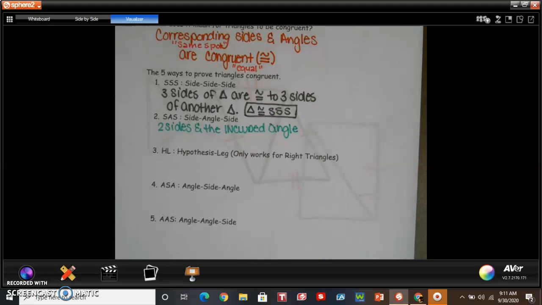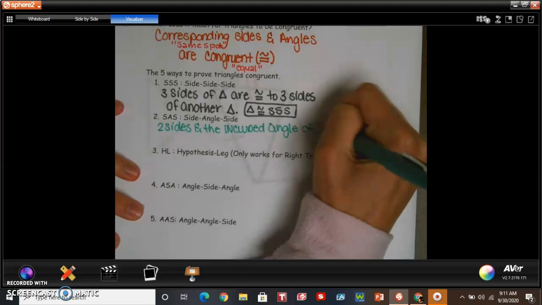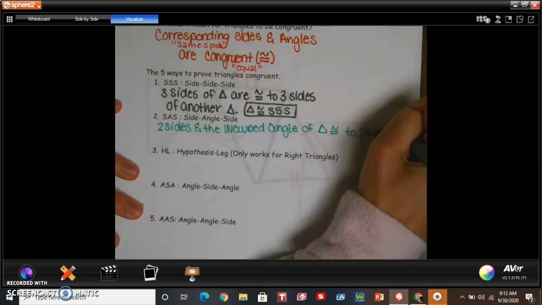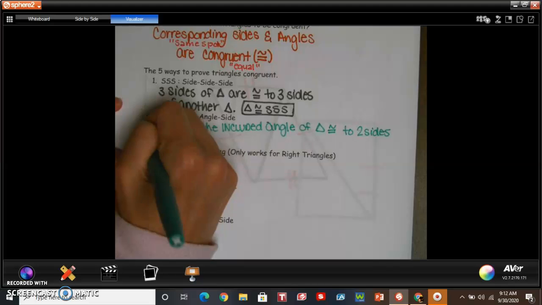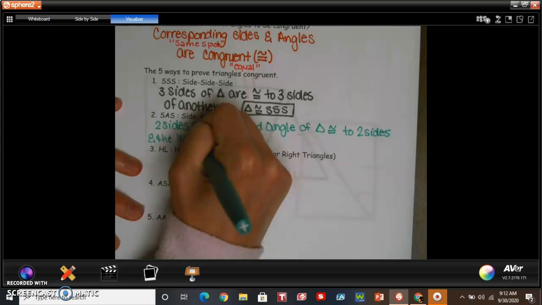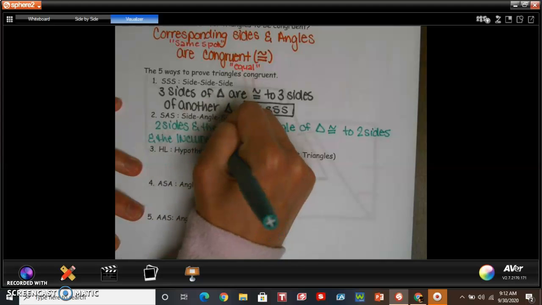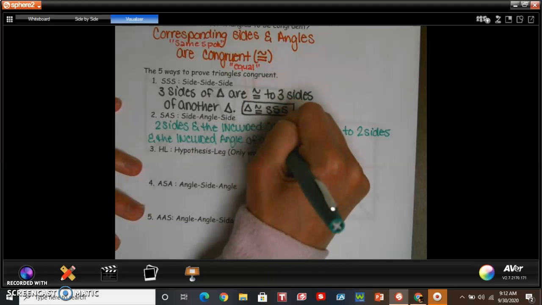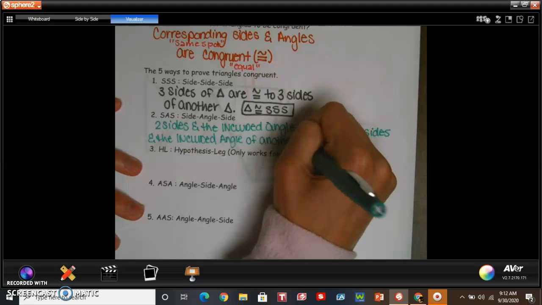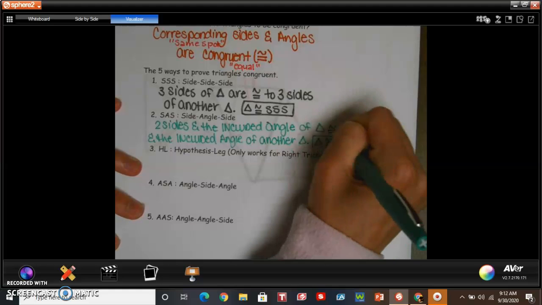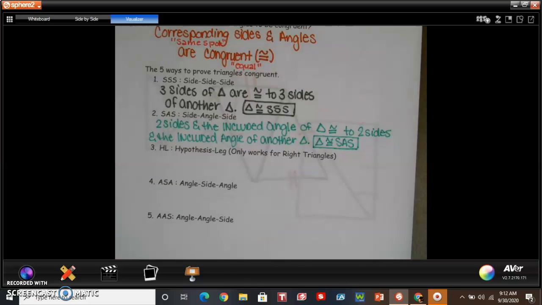It's going to be between the 2 sides of a triangle congruent to 2 sides and the included angle of another triangle, then the triangles are congruent by side, angle, side. And again, I will provide you with all types of visual examples for you to be able to use on your homework, okay?